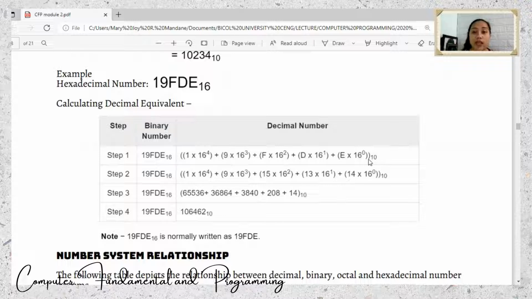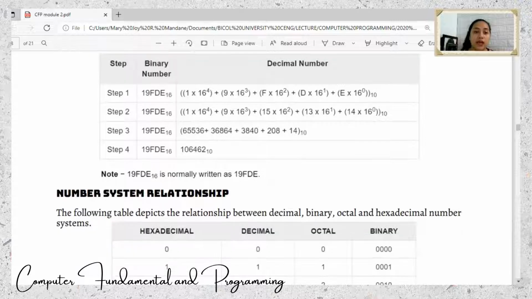The base is 10. Then the F we make 15, D is equivalent to 13, and E is equivalent to 14. Then the answer is 106,462 sub 10.